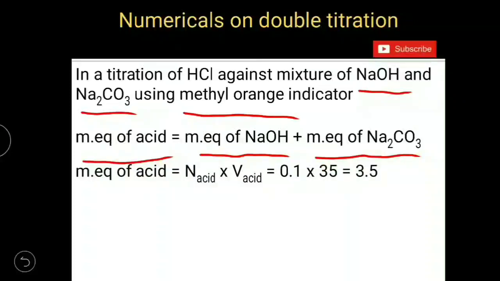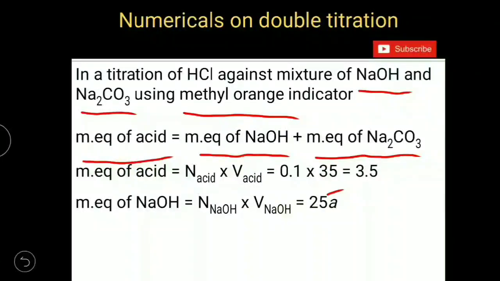And milliequivalents of acid can be determined by multiplying its normality with volume in milliliters. Normality of acid given is 0.1 and volume of HCl used when methyl orange is the indicator is 35 ml. So milliequivalents of acid is 3.5.